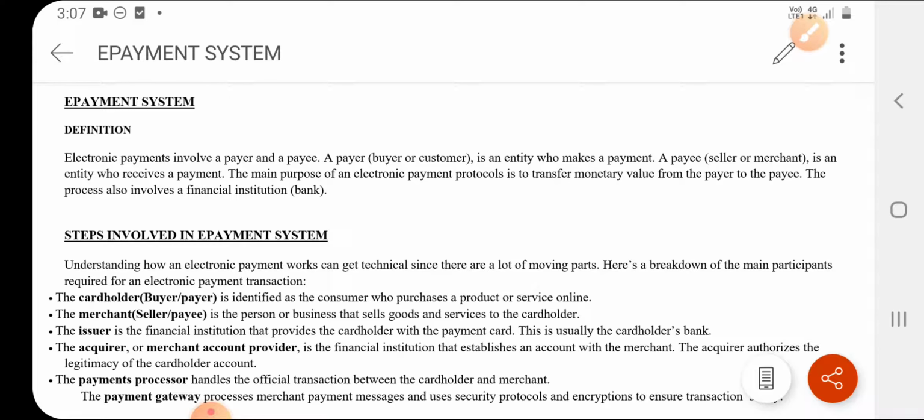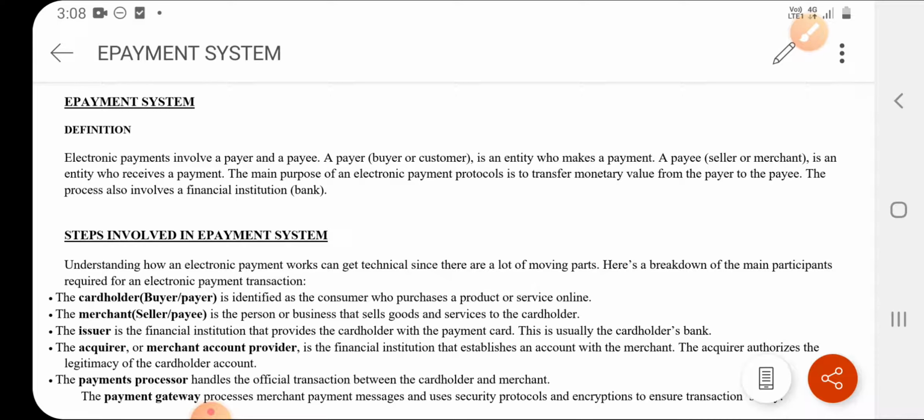A payer is nothing but the buyer or the customer, and payee is the seller or the merchant, the businessman, one who is selling you the product. These are the important entities. Entities means the things involved in e-payment. A payer is an entity who makes payment. A payee is an entity who receives payment.